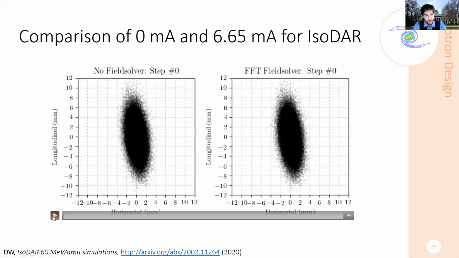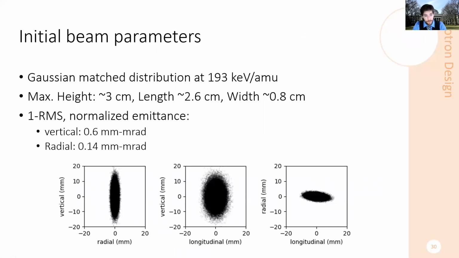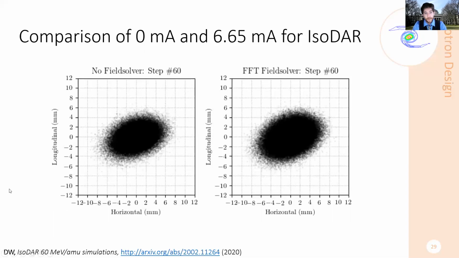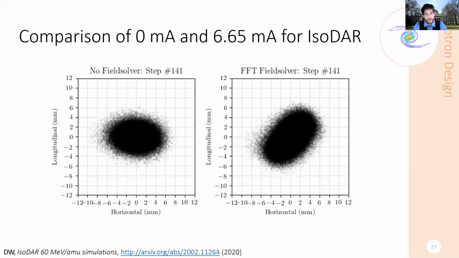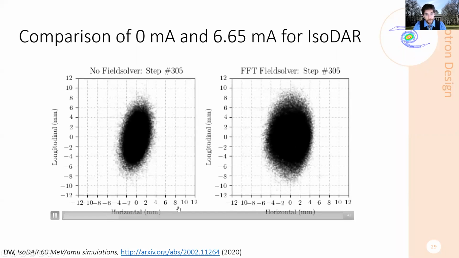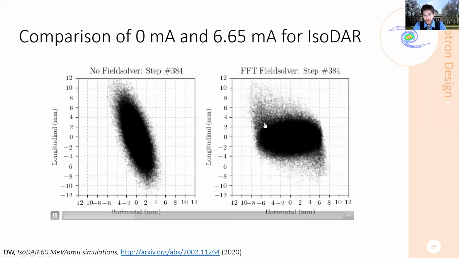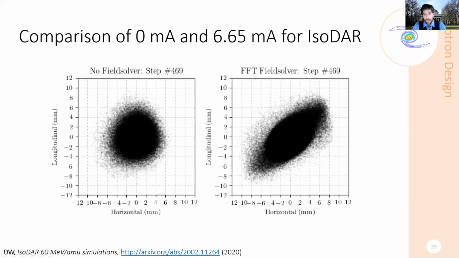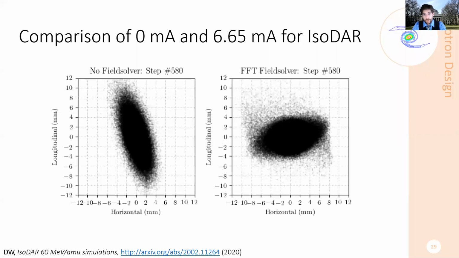Let me show you a video that I made of this in our Isodar cyclotron. Let's try this again. Here we go. On the left, this is the beam without a field solver, so there's no space charge in the left one. And on the right, we have an FFT field solver in the OWLE code.